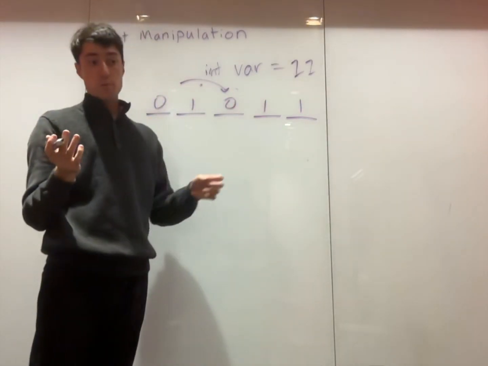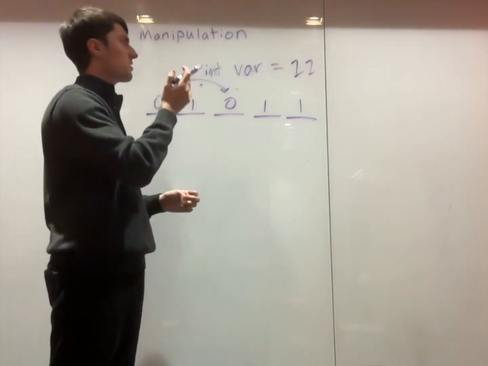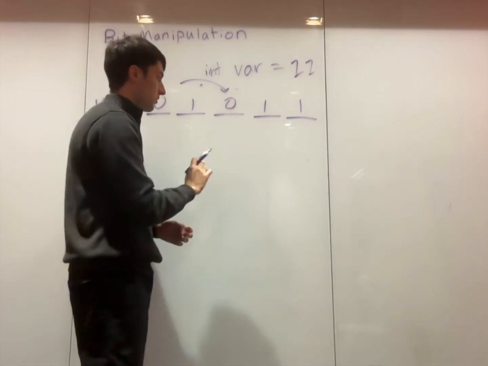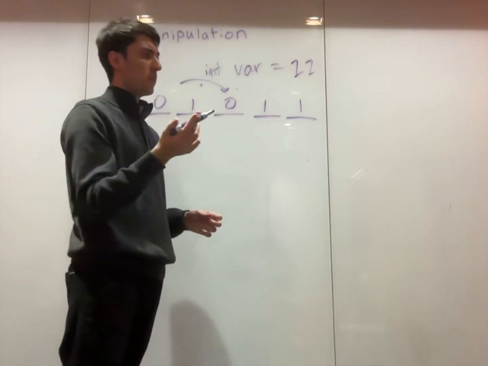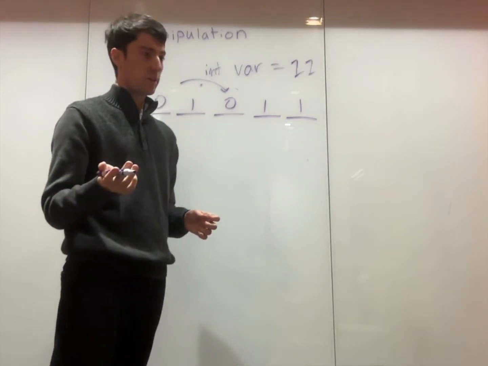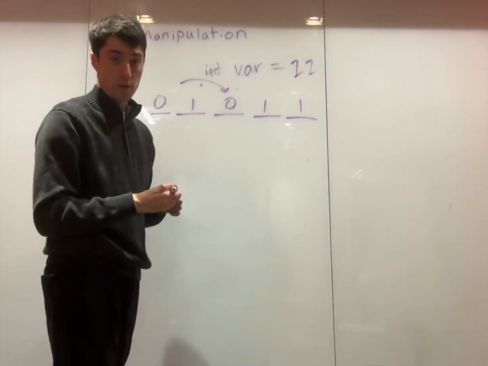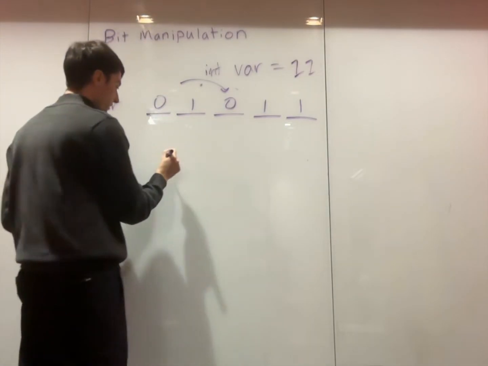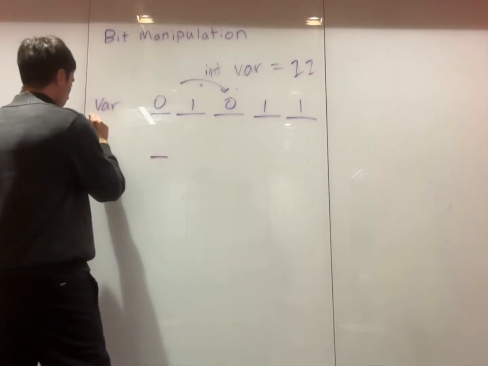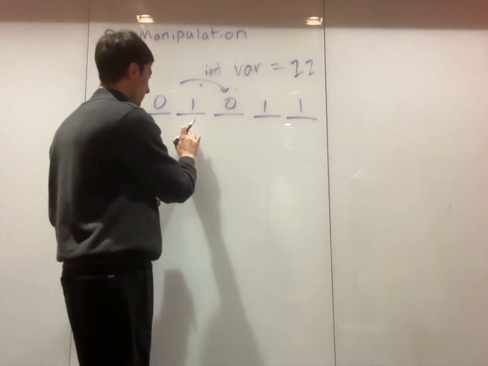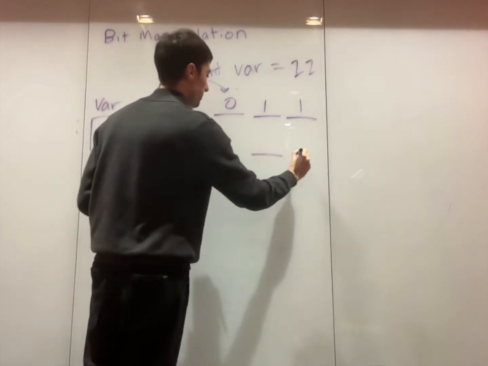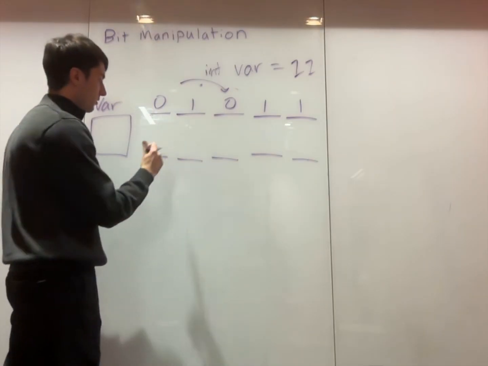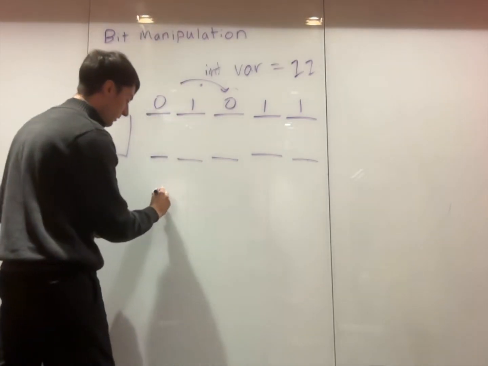Going back to our vocabulary, what does set mean? It means that this is going to be a 1. So we need to test a condition to see if this is 1 or not. Let's do the same thing. We're going to have some operator here, then place here, place here, place here, place here. I want everything to be a 0.